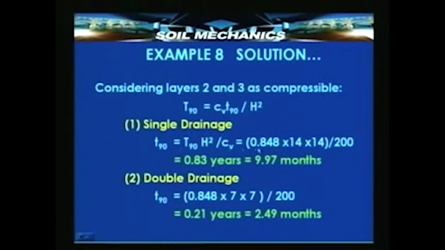So, using that value, 0.848 into 14 into 14, that is T90 into h square, divided by the given value of Cv, 200 meter square per year, will give you 9.97 months as the time required for 90% consolidation in the worst case, that is the single drainage case. In the better case of doubly draining, it takes place much faster and it only takes 2.49 months.